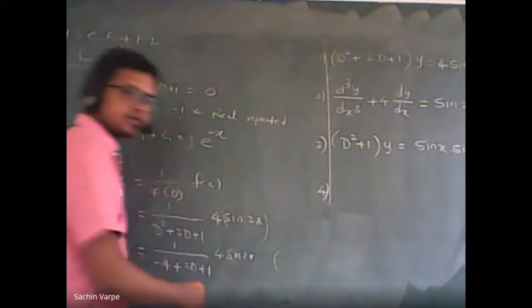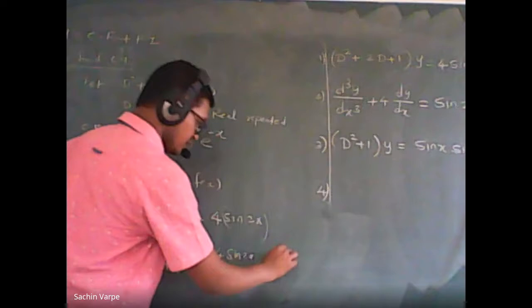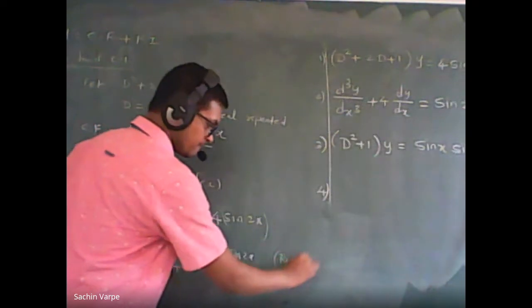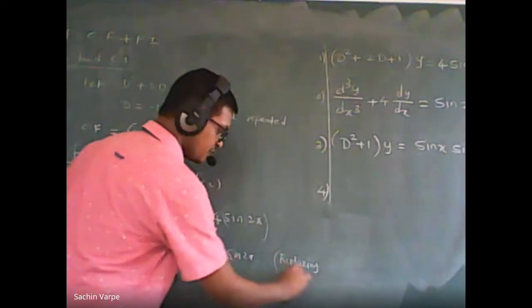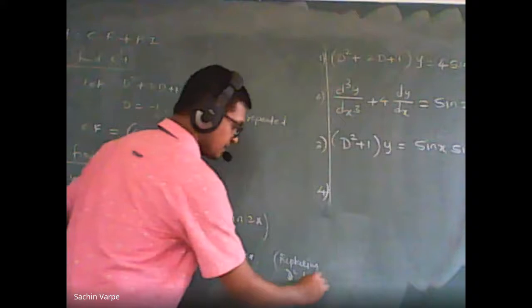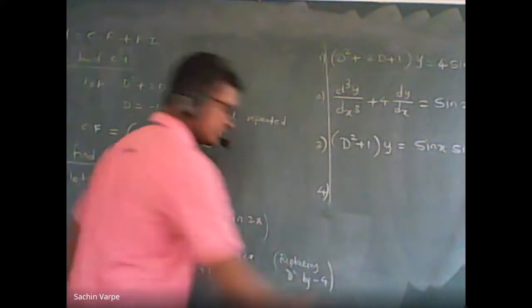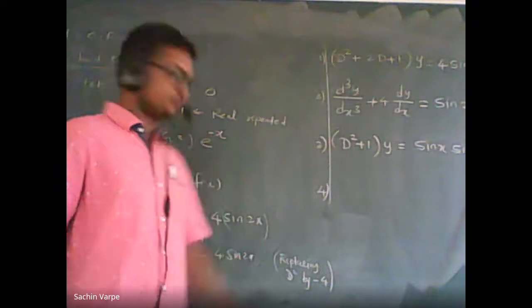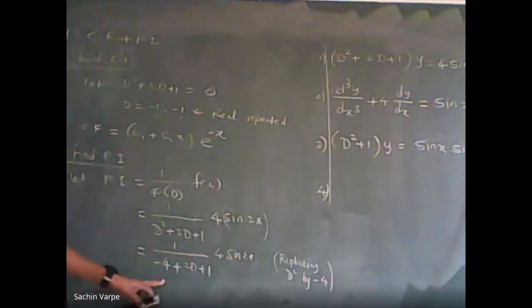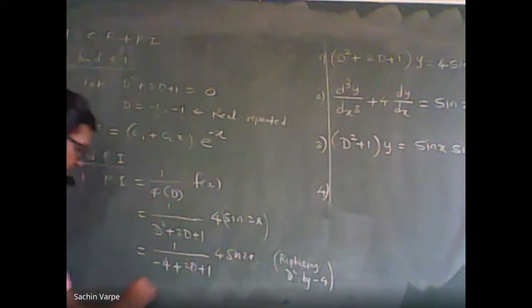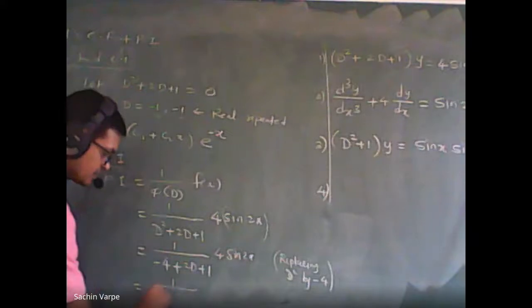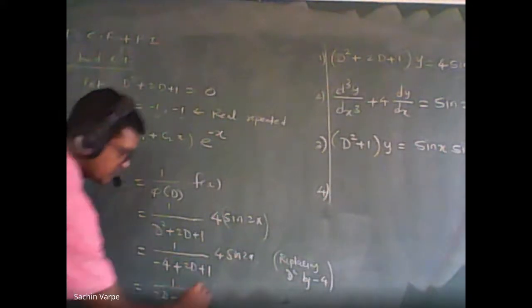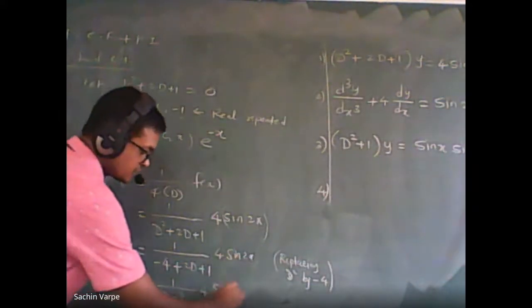But you should know minus 4 means minus of 2 square. So it will be 1 upon 2D minus 3 into 4 sine 2x.